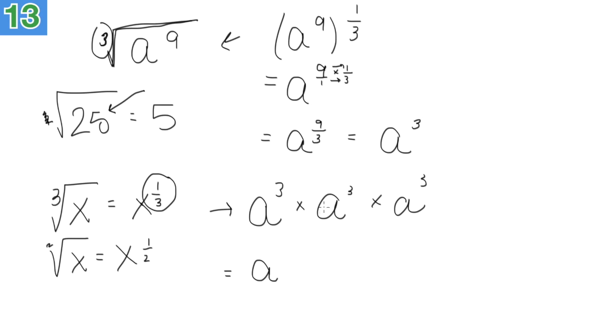So a cubed times a cubed times a cubed equals a to the 3 plus 3 plus 3. And 3 plus 3 plus 3 is 9. All right, so our answer is a cubed.